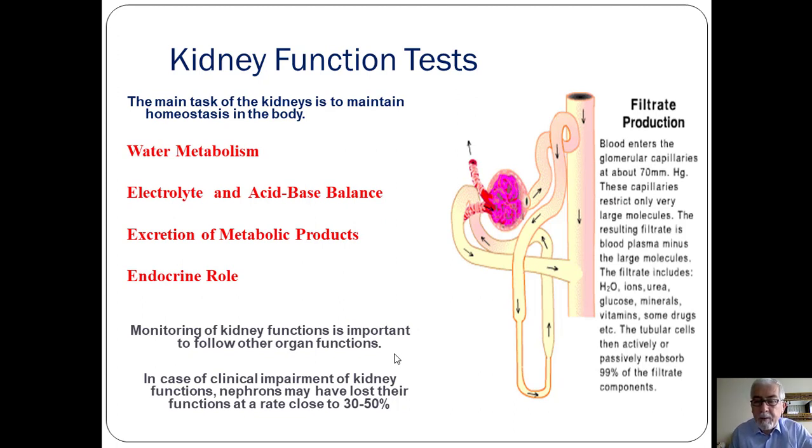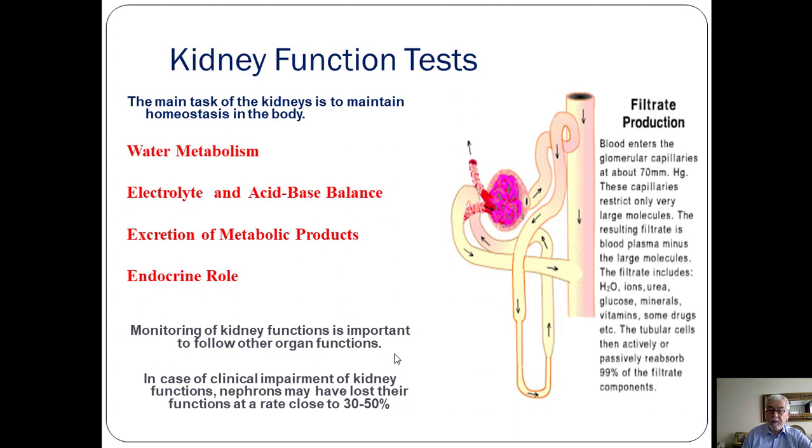When blood enters the glomerular capillaries at about 70 millimeters of mercury pressure, the capillaries restrict only very large molecules, and the resulting filtrate is blood plasma without the large molecules. We call this filtrate an ultrafiltrate, and it includes water, ions, urea, glucose, some minerals, vitamins, some drugs, and so on.